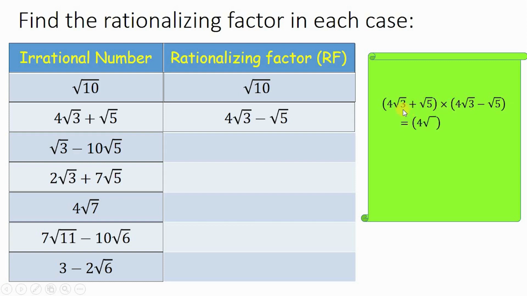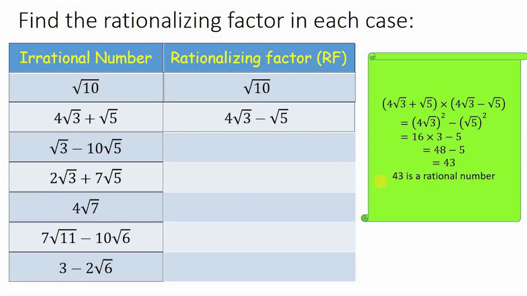You will get a square, that is 4 root 3 whole square, minus root of 5 square. Here 4 square is 16 and root 3 square is 3, minus root of 5 square is 5. Therefore, you will get 48 minus 5, which is equal to 43, and 43 is the rational number.